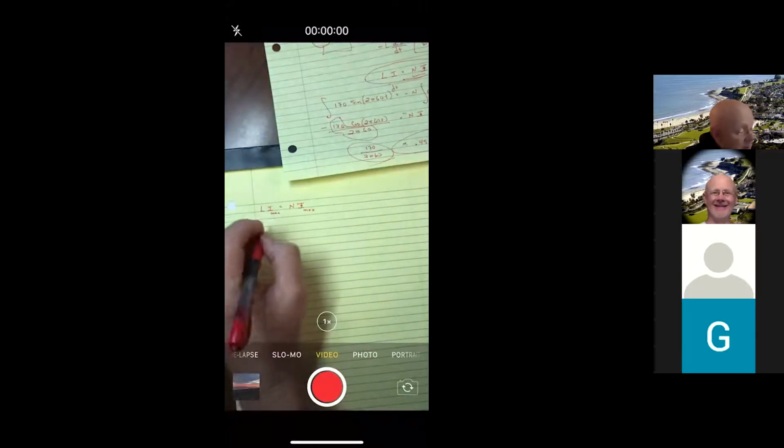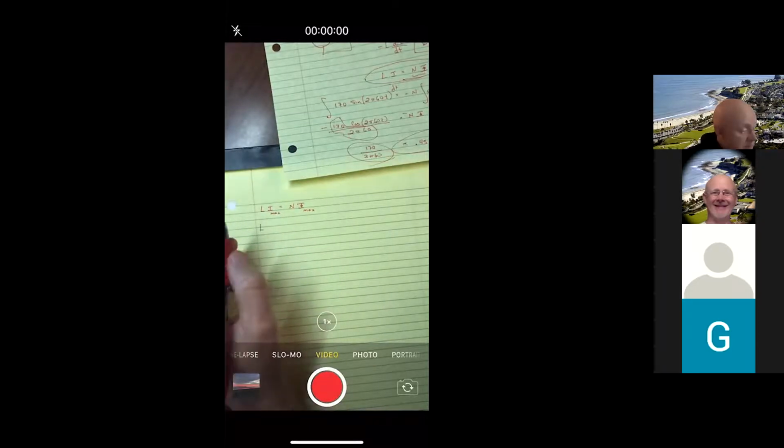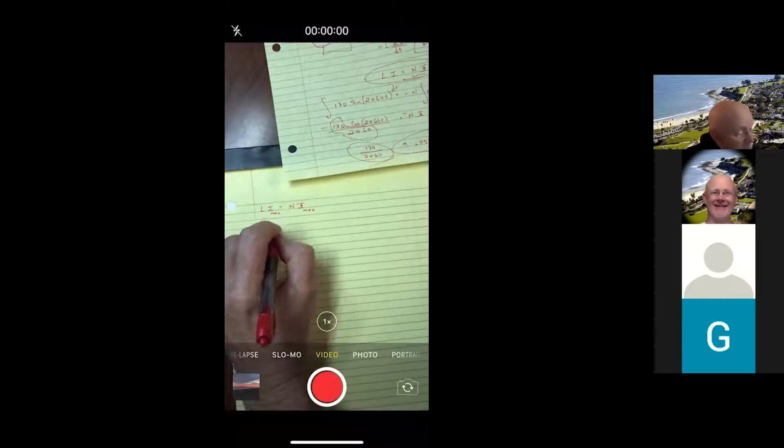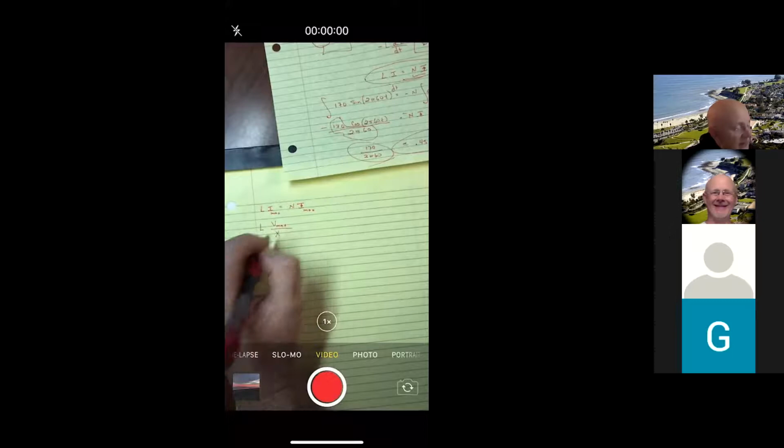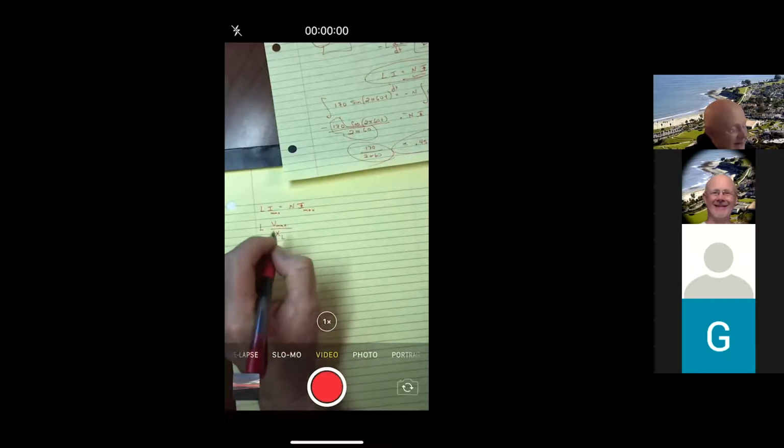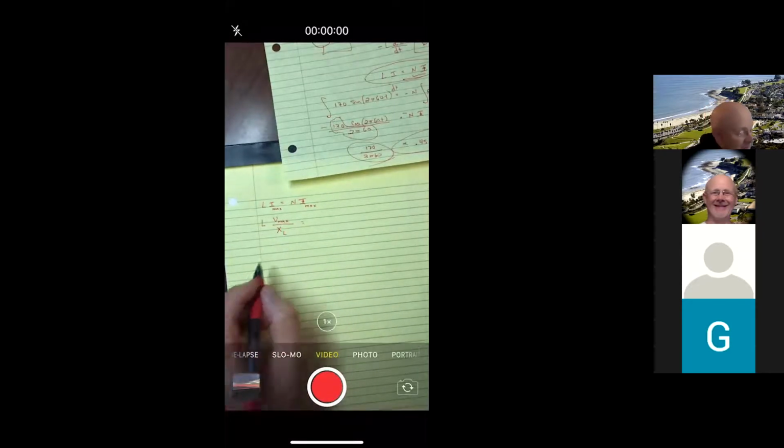Then he says, well, you get your maximum current when you take the maximum voltage and divide it by the reactance of the inductor.